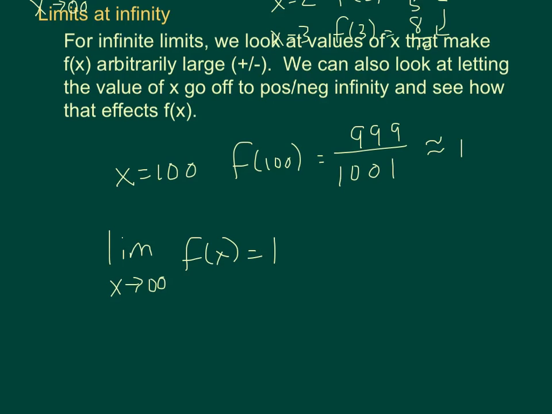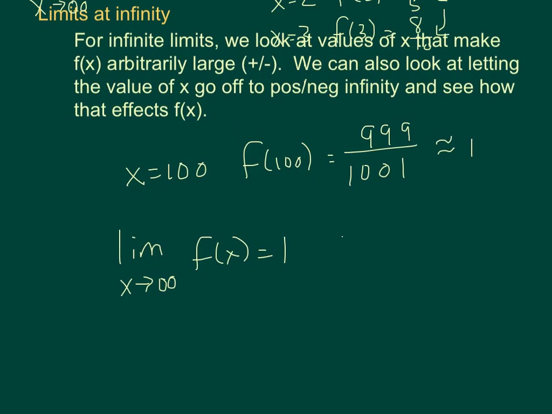And what that means for us is now we have a horizontal asymptote. And the equation of that horizontal asymptote is y equals 1. So much like a vertical asymptote has an equation of x equals a number, the horizontal asymptote has an equation of y equals a number.